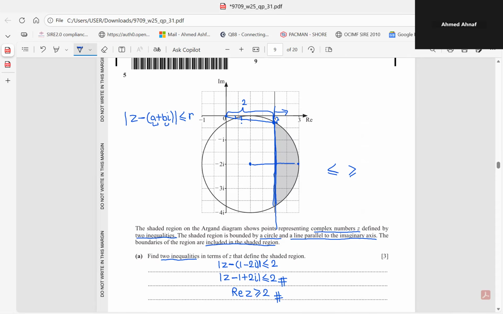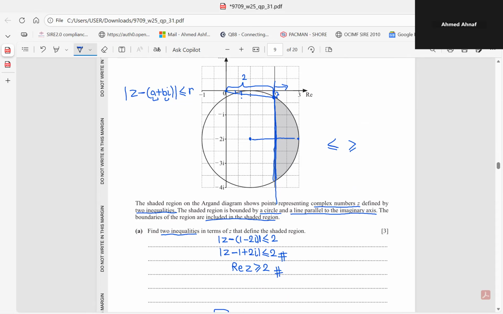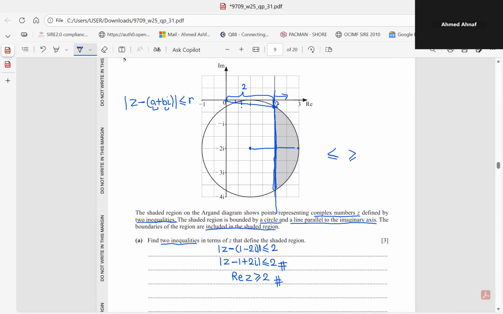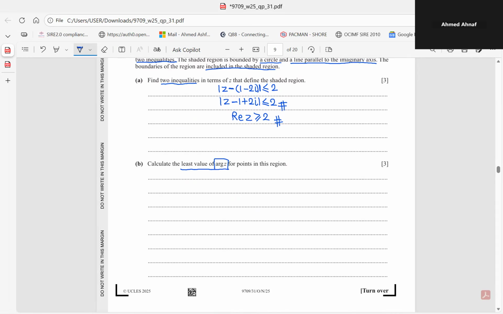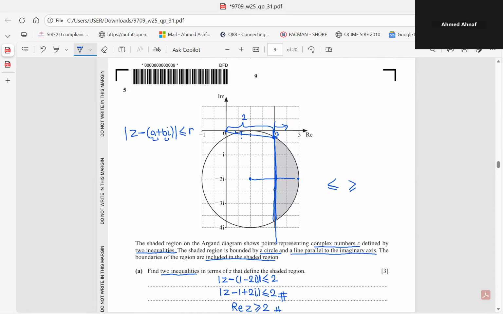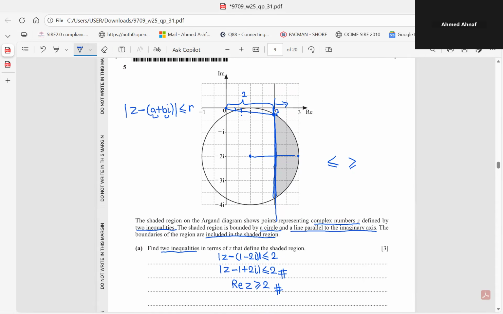To find this point of intersection, what we can do is form the Cartesian equation of the circle, as well as the line parallel to the imaginary axis.